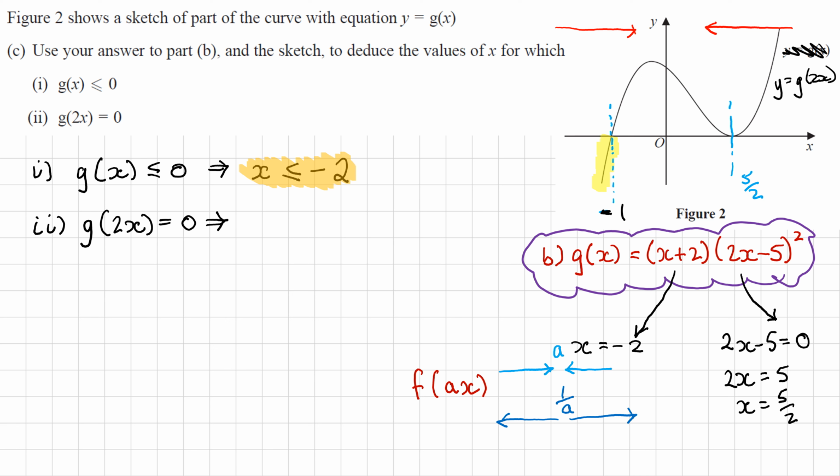And the 5 over 2, if we halve that, will become 5 over 4. So these are the points at which g of 2x is equal to 0. That is when x is equal to -1 and when x is equal to 5 over 4. So those will be the solutions to that equation.